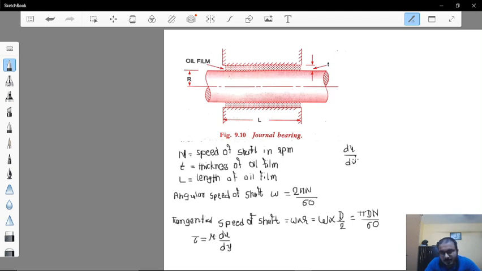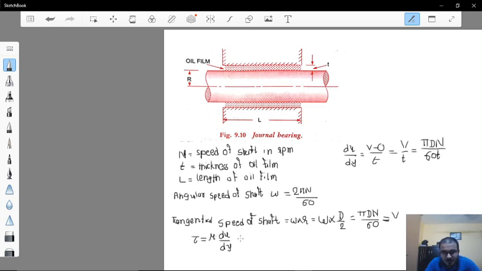As I was telling you, near the shaft the velocity of fluid will be equal to the velocity of shaft, that is v, and near the bearing it will be 0 because of the no slip condition, and at the bottom here we have t, so it can be written as v upon t, and v here is the tangential speed of the shaft. So we can write it as pi d N upon 60 t.